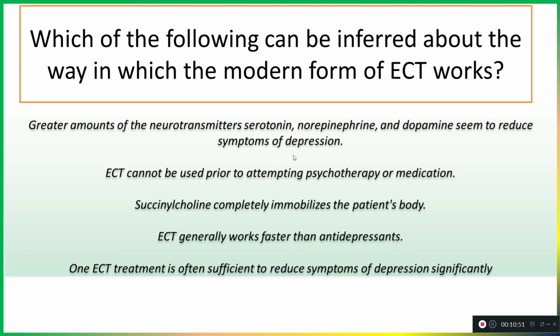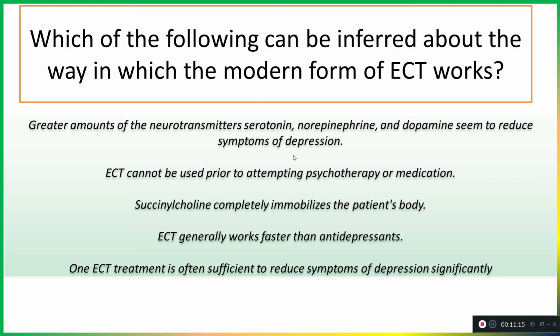Next question. Which of the following can be inferred about the way in which the modern form of ECT works? What we can infer about the way in which modern form of ECT works. So it is talking about the modern form of ECT and what can be inferred from that. Now, inference is an outcome, right?